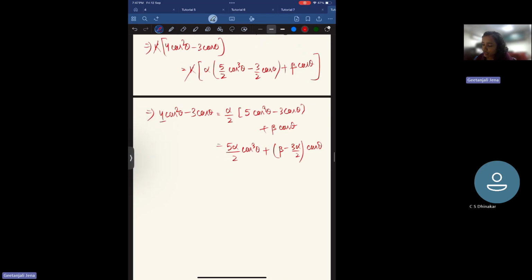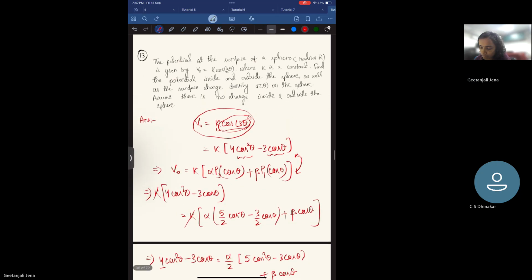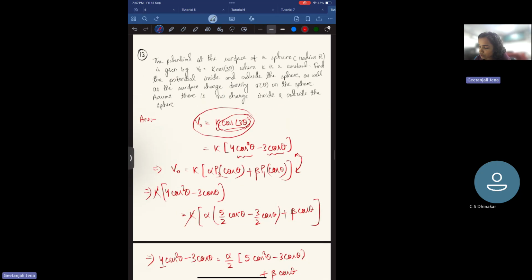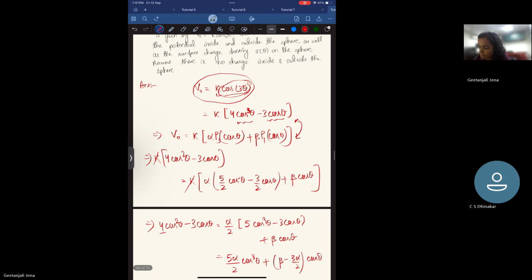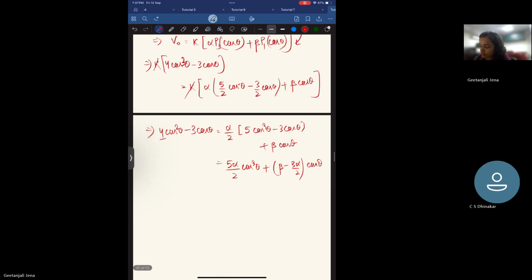Sorry, this will be cos cube θ, right? Okay, so this will give cos³θ. Now if you equate the order, 5α/2 should be 4.